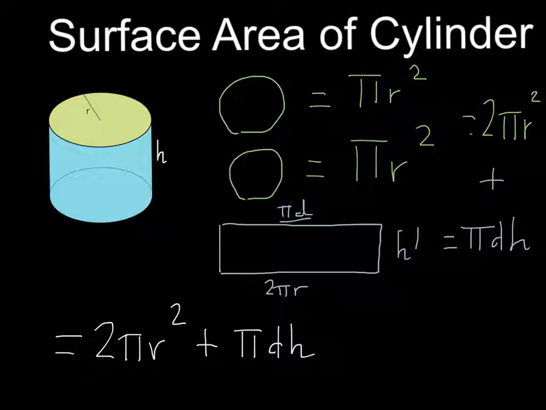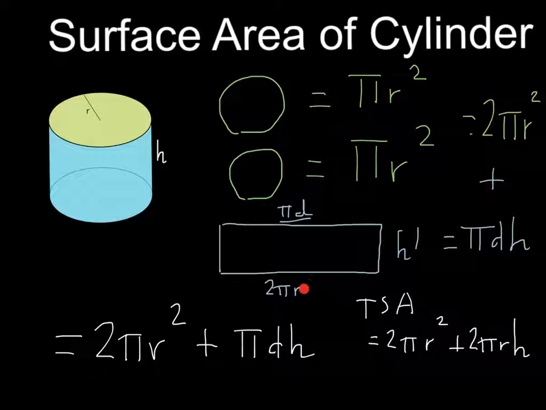Just be careful: if using the radius measurement, surface area can also be equal to 2 pi r squared, the same thing for the two circular surfaces, plus 2 pi r h, if you use the radius measurement for finding the circumference, or the length in this case, of the rectangular piece.